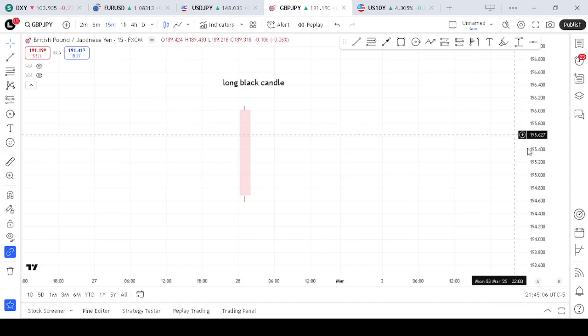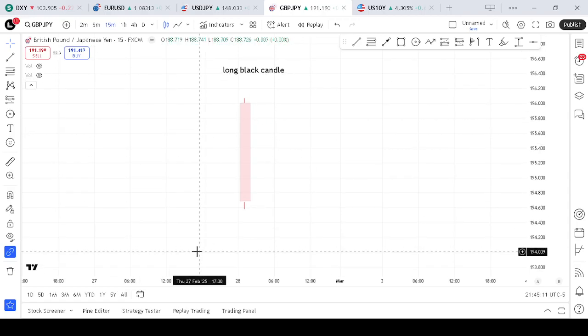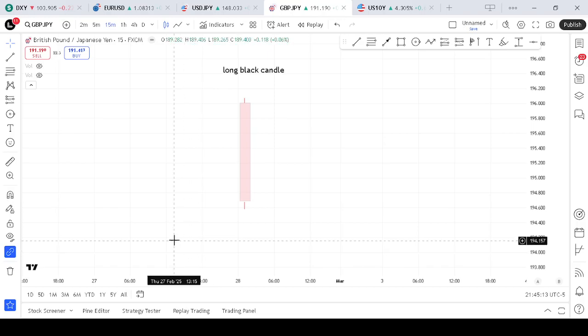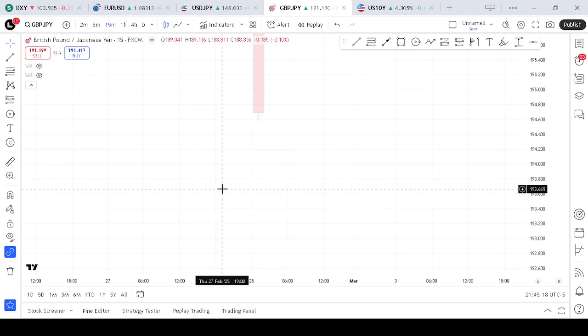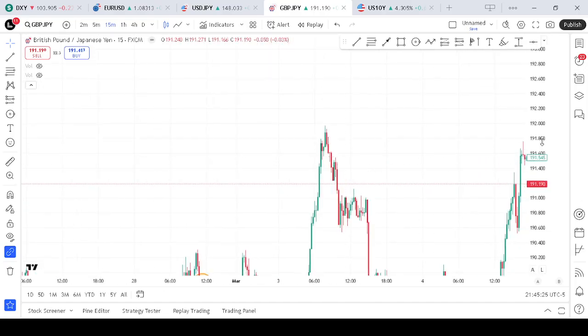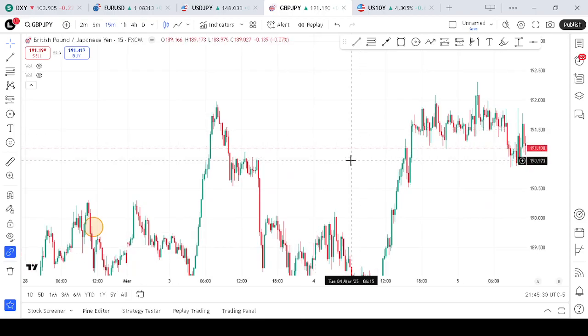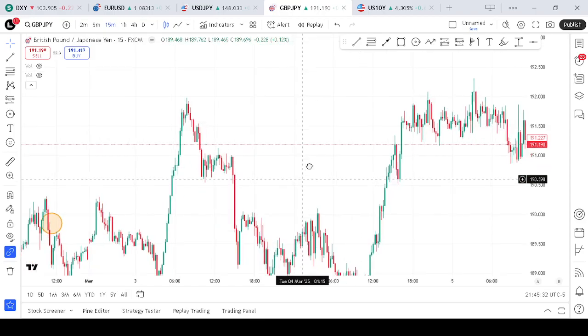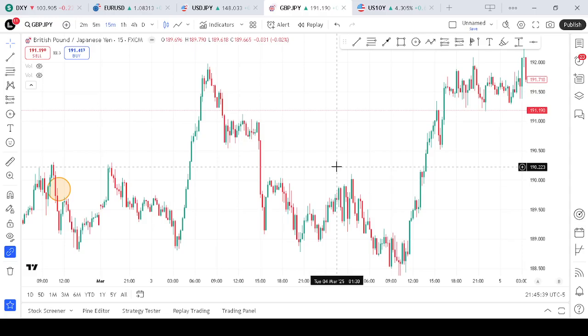This is exactly what we are looking at as a pattern. The distinct feature of this pattern lies in its shadow or wick. The upper and lower shadows remain noticeably short compared to the body of the candle. This formation indicates that sellers maintain control throughout the session, pushing price steadily lower with minimal resistance from buyers.